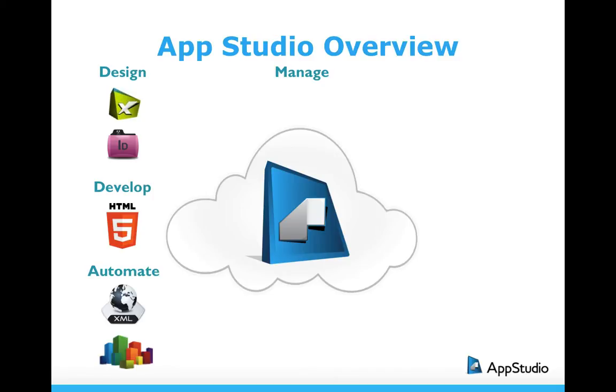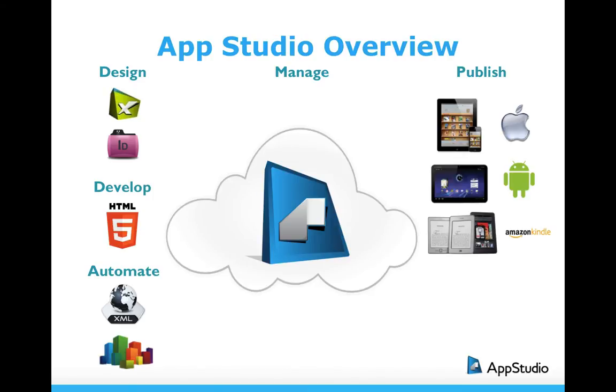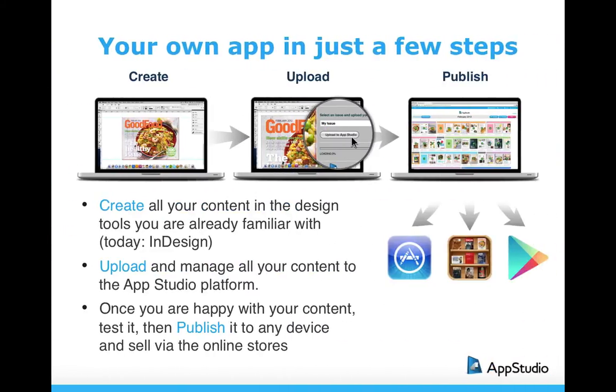And what you do is you push that to the App Studio cloud where you manage all your content, and then when you're finished, everything gets deployed out of the App Studio cloud and is being put onto the devices that you decided for. And the devices are iOS, Android, and the Kindle Fire platform. So you can go for all of them or just for one. It's really your choice.